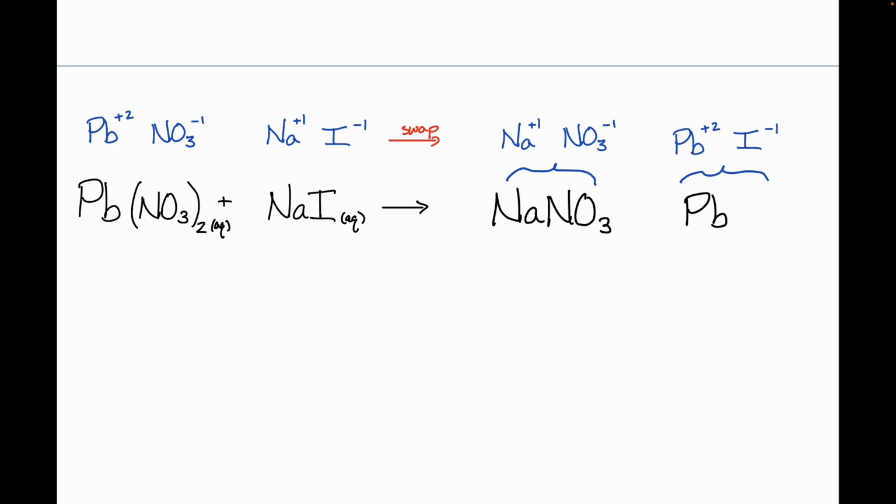NaNO3, and then it's PbI2 for my lead 2 iodide. Again, all about our charges. We played this game at the very beginning, coming back to haunt us here, right? We can't forget how to put together our compound formulas.